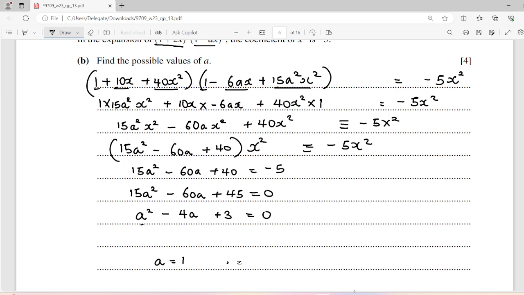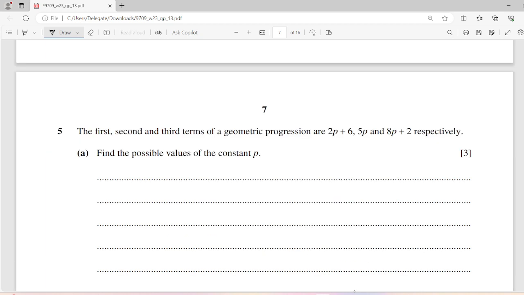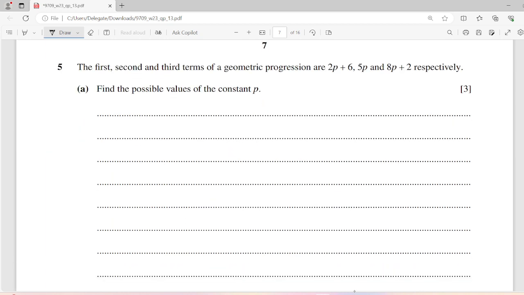So meaning a is either 1 or 3, and that's what the question wanted. It wanted the possible values of a. So this question was about binomial expansion. So we go to the next question, and this question was about series. It was about sequences.